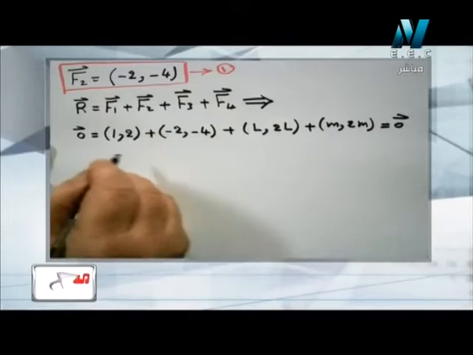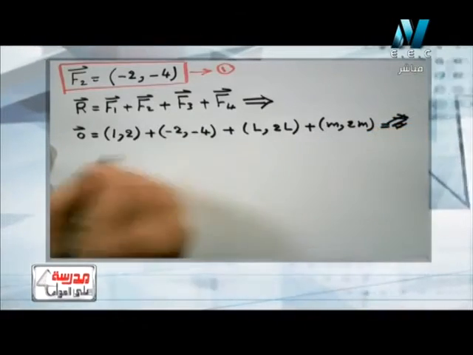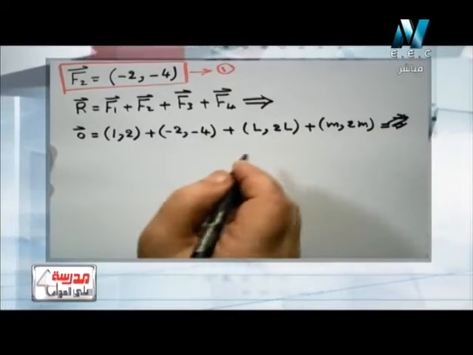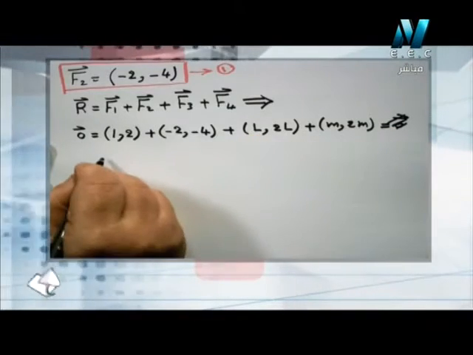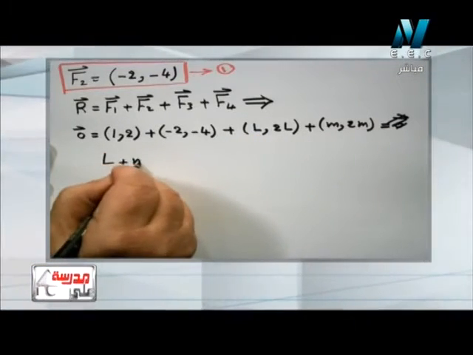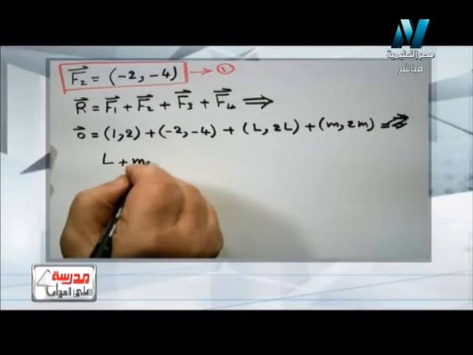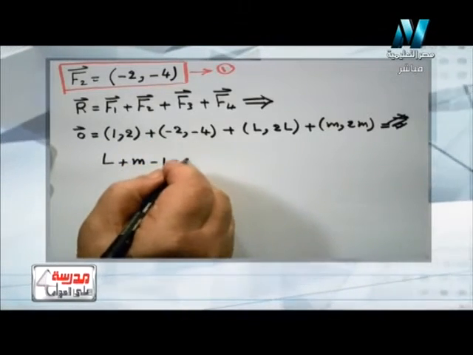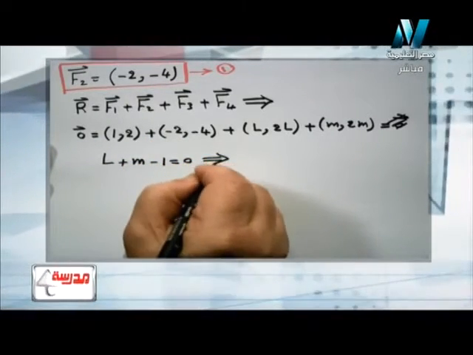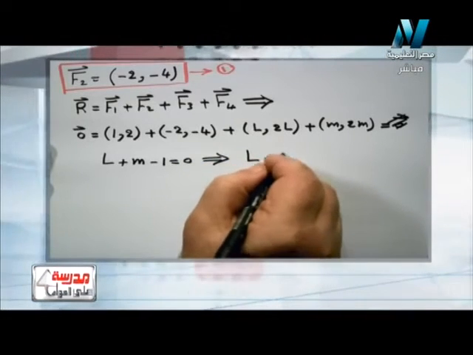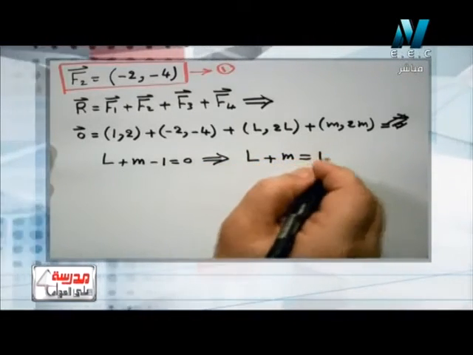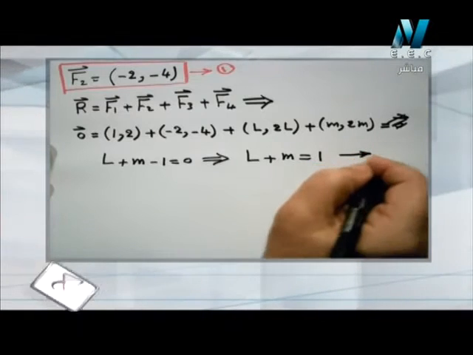From this we have the equation L plus M plus 1 minus 2 minus 1 equals 0. Then L plus M equals 1, and this is equation number 1.